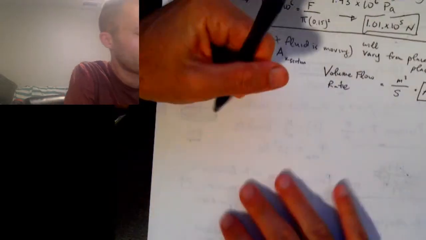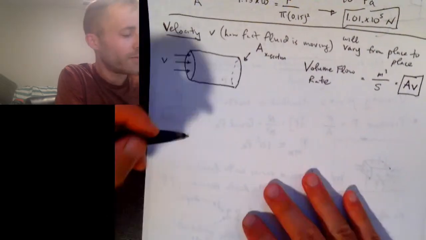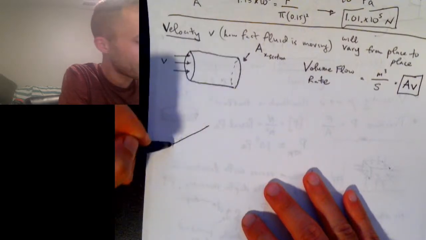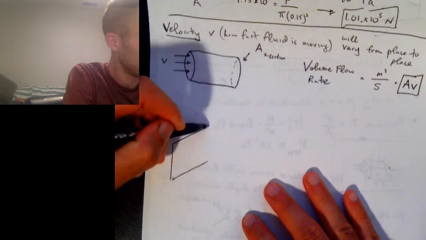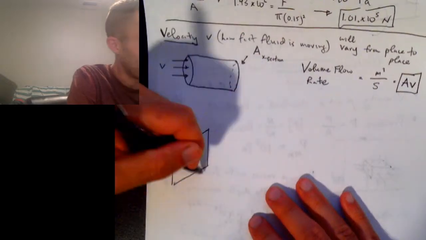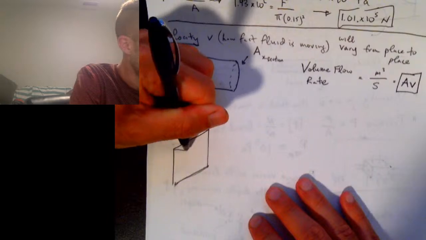So let's say we had a situation where we have like a river, okay? So I'm going to try to draw this three-dimensionally. So here's the river. Here's the bottom of the river. Here's the top of the river. Okay, so it's going along.